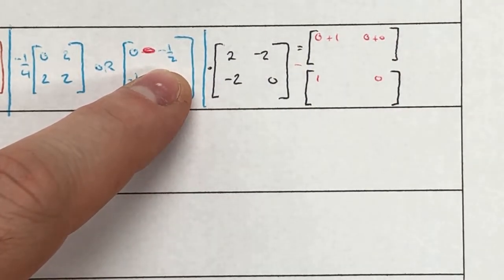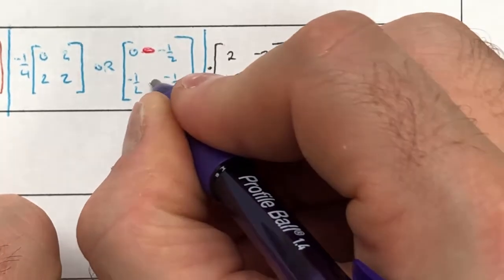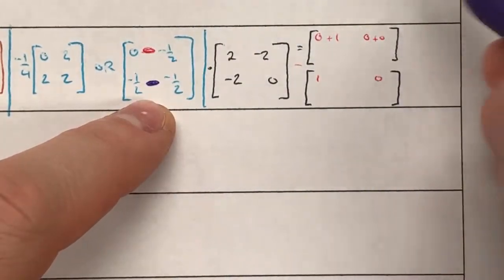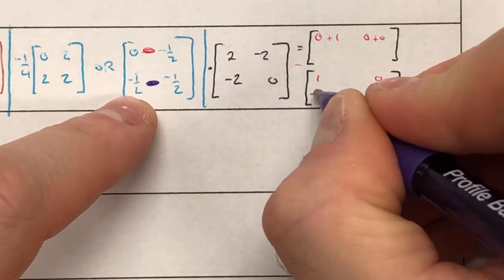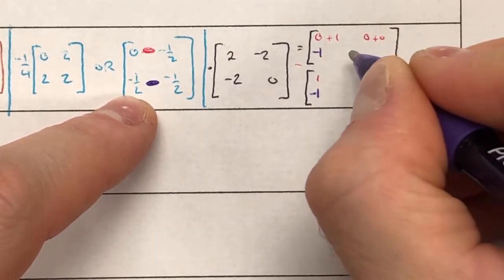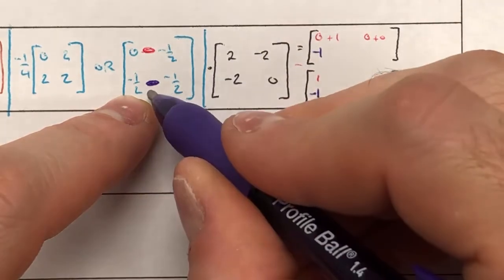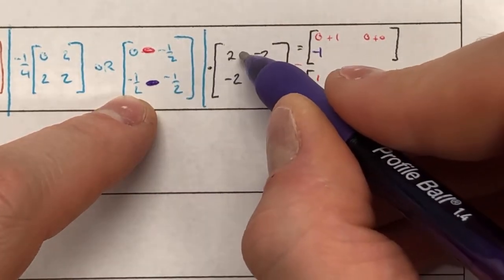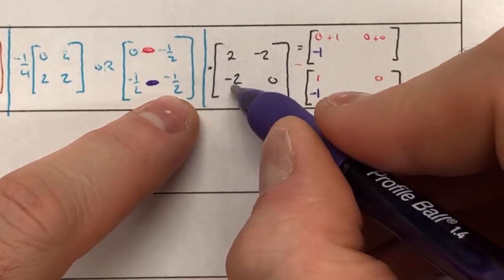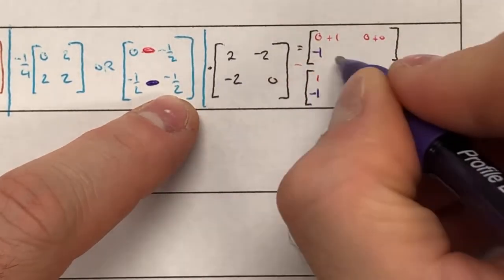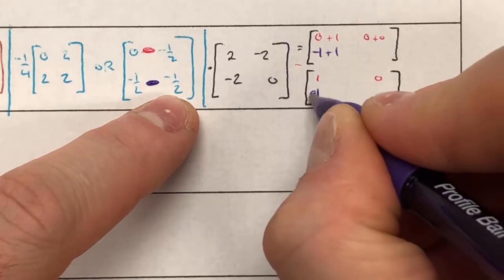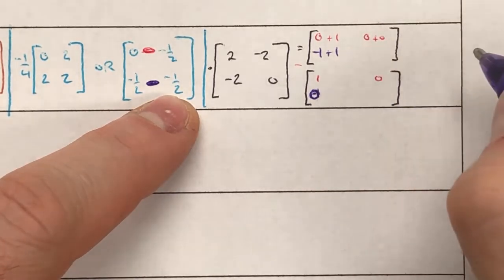Let's see, and we did purple for the second row. So let's do this second row of dot products in purple. So first, negative 1/2 of 2 is going to be negative 1. Negative 1/2 of 2 is negative 1. And then negative half of 2 is 1, which is going to reduce that to a 0.